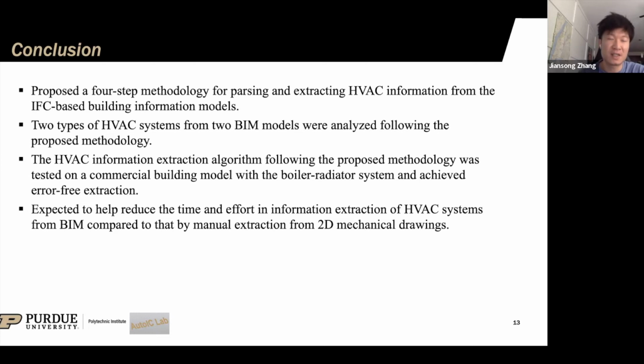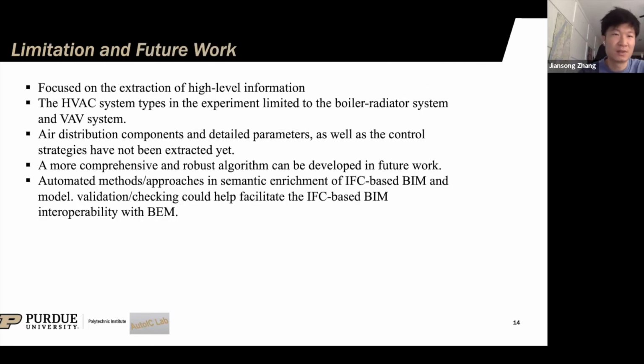This is expected to help reduce the time and effort in extracting HVAC system information from BIM compared to manual extraction from 2D mechanical drawings. And the extracted information can also support creating an energy model in our future step.